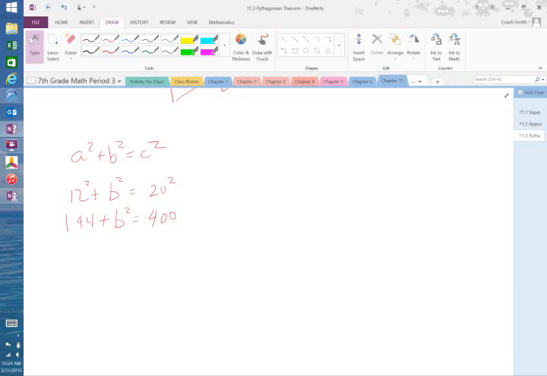Now, we did one on the board the other day. It was a little simpler than this, but the bottom line is to solve this, I am adding, so I must subtract 144 from both sides.